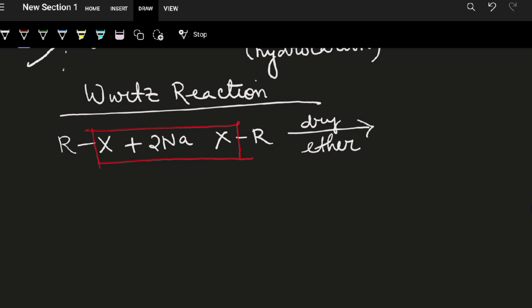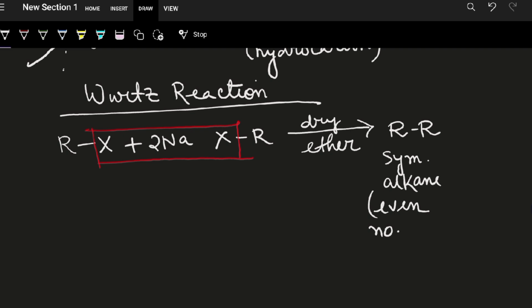So these 2 moles of NaX are the side product over here and it forms R-R, which is a symmetrical alkane having even number of carbon atoms. Even number of carbon atoms. So actually Wurtz reaction is applicable for formation of symmetrical alkanes with even number of carbon atoms.